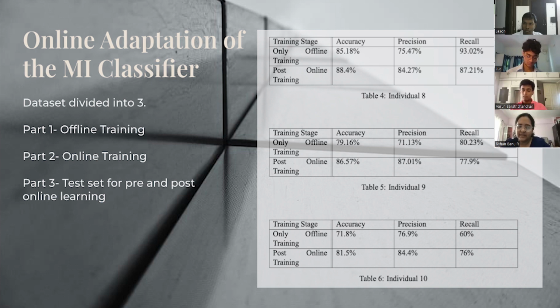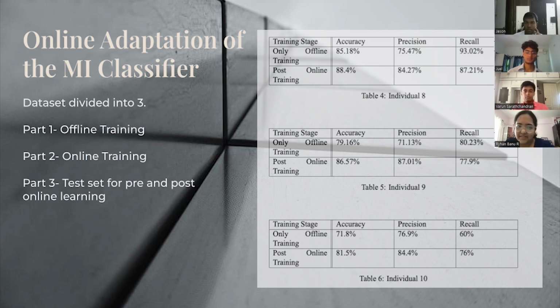After the online training, the classifier's accuracy was again evaluated on part 3 to assess any improvements. So the tables present the difference between accuracy before and after online training on part 3. Generally, there's an increase in accuracy, although there's a minor cost in precision and recall.